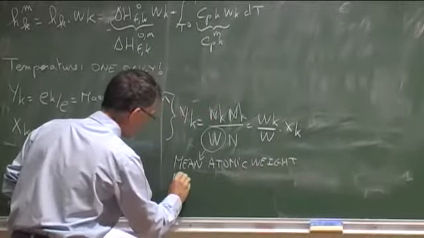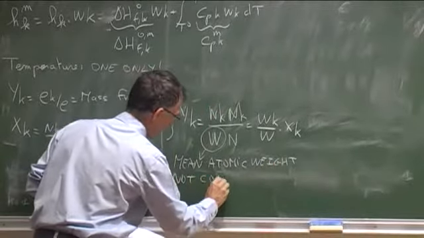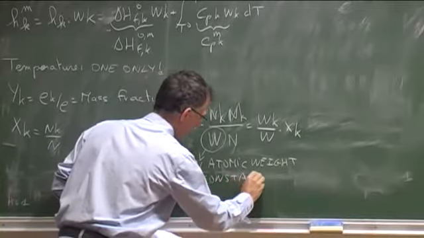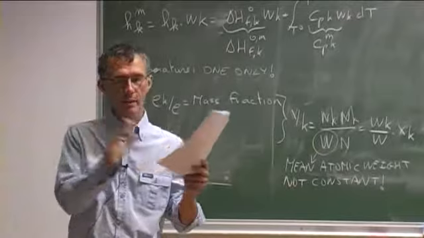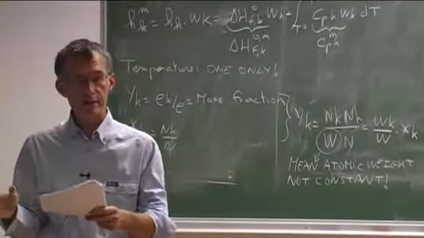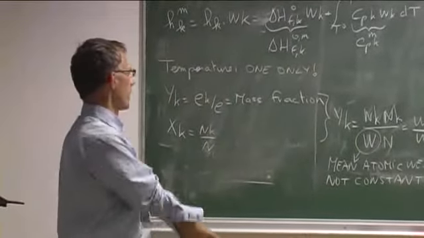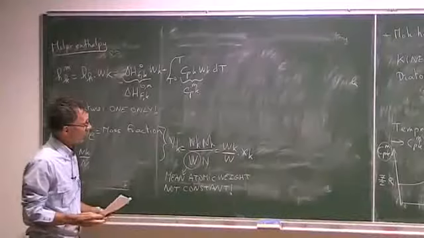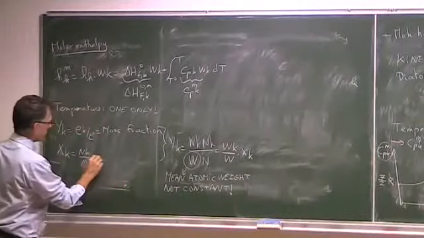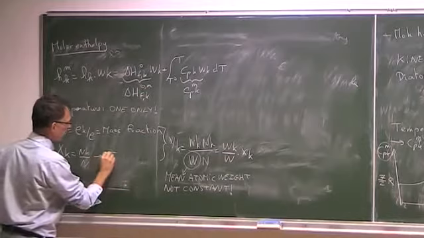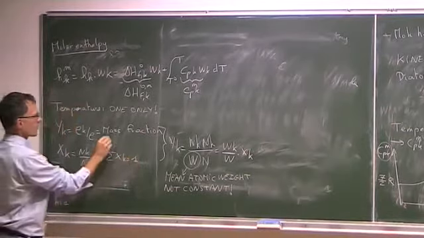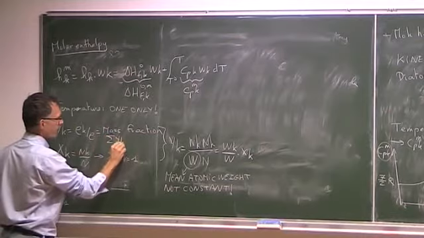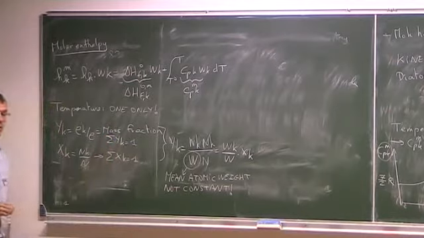And it is not a constant. The mean atomic weight of your mixture will be something in the fresh gases and something else in the burned gases. How do you find it? Well, here, the sum of the xk is equal to unity, of course, and the sum of the yk is also equal to unity.